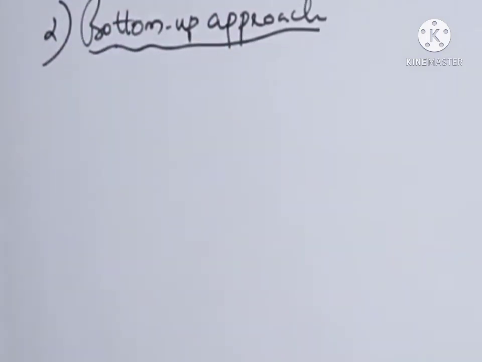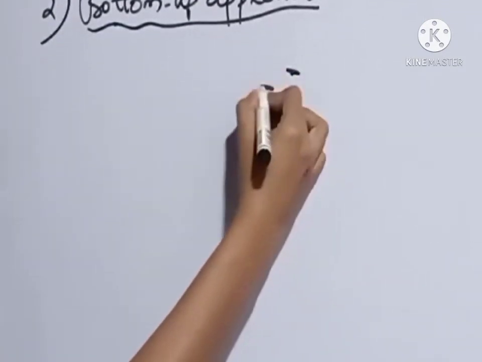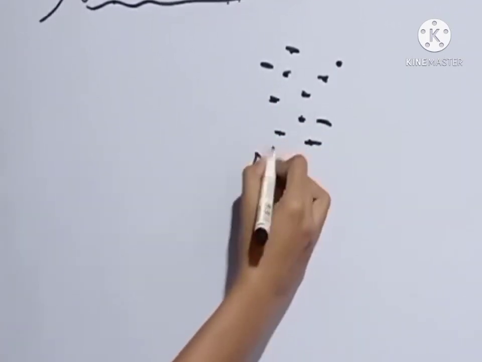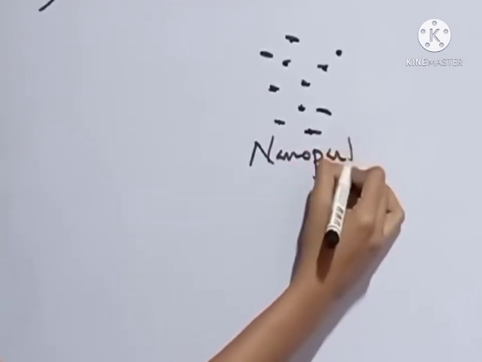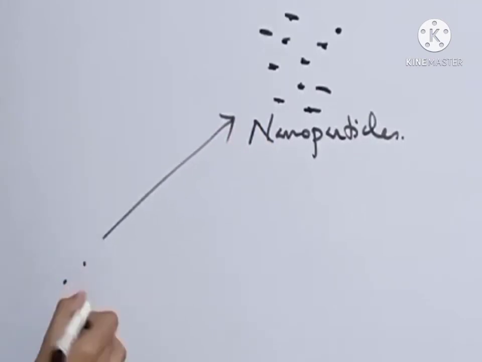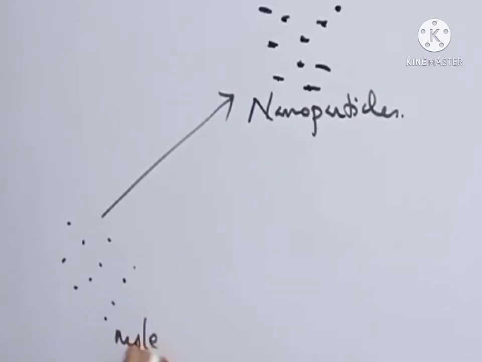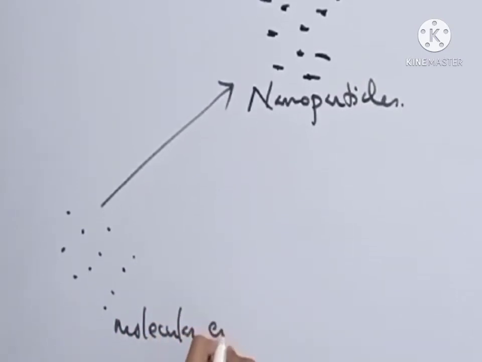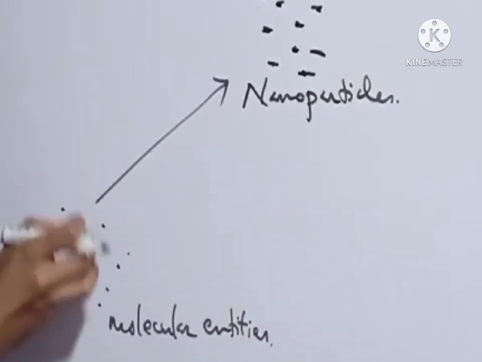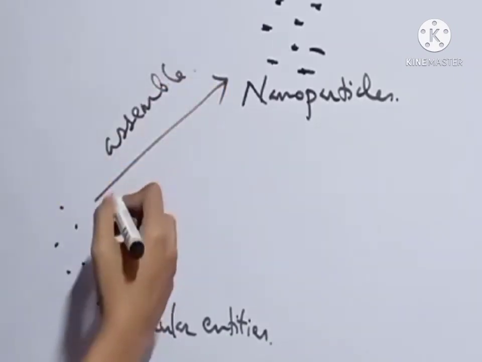The second one is the bottom-up approach. In the bottom-up approach, nanoparticles are built from molecular entities or atomic entities. These molecular entities assemble themselves by the principle of molecular recognition.